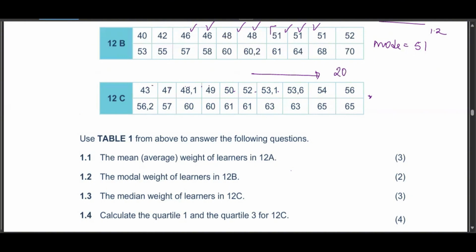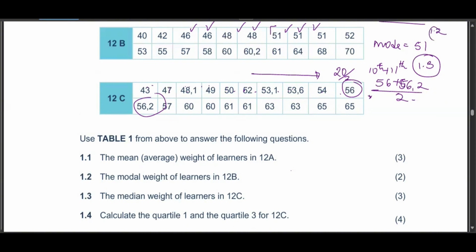Since you're looking for the median and the data is already arranged, 20 divided by 2, meaning you're going to add the number in the 10th place and the number in the 11th place. So you're going to take 56 plus 56,2 divided by 2. Right? This is question number 1.3.